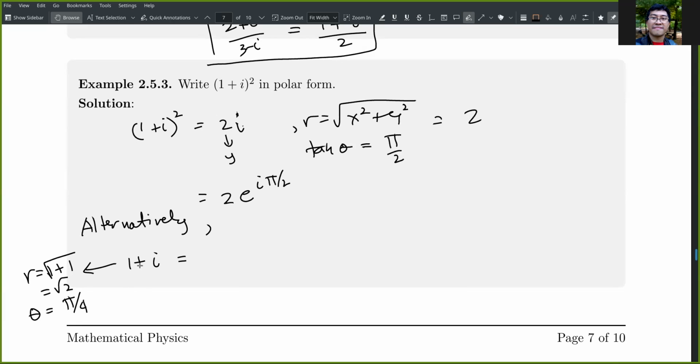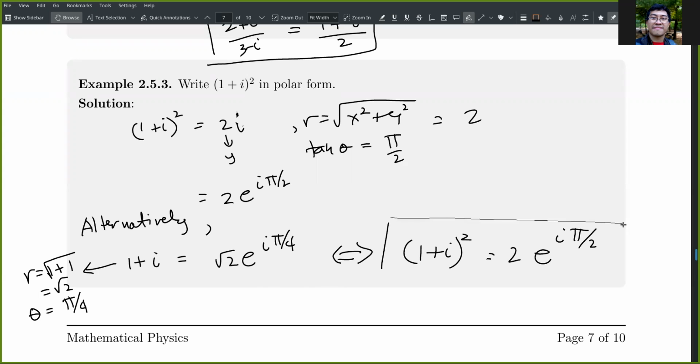Okay, pi over 4, that's tangent theta is 1 over 1, so we have 45 degrees, or pi over 4. So this would be square root of 2 e to the power of i pi over 4, so that (1 plus i) squared is the square of this, that's 2e^(i pi over 2). Okay.